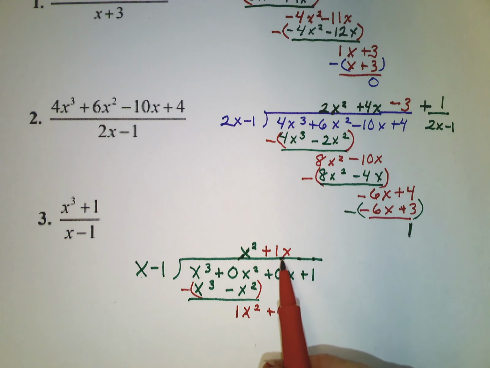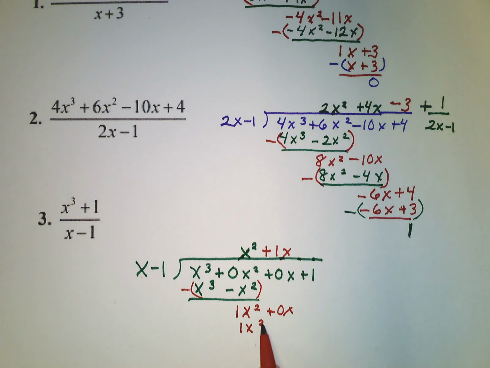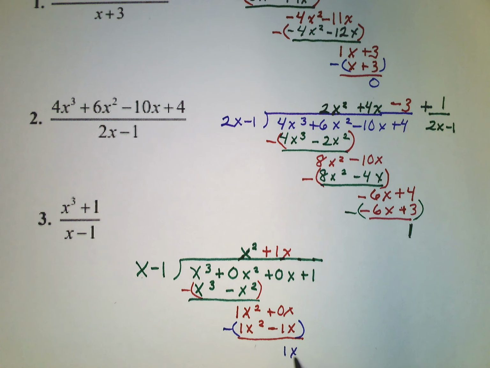And then we'd be multiplying 1x times both of these. We get 1x squared and 1x times negative 1. And we subtract. Well, the x squareds cancel out like they're supposed to. 0 minus a negative 1 is 0 plus a positive 1, so we have 1x here, or just x.